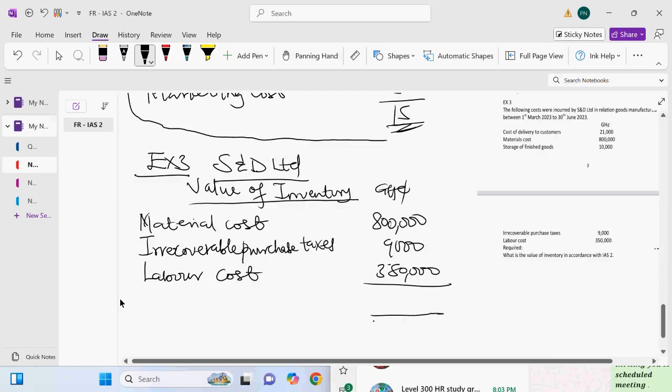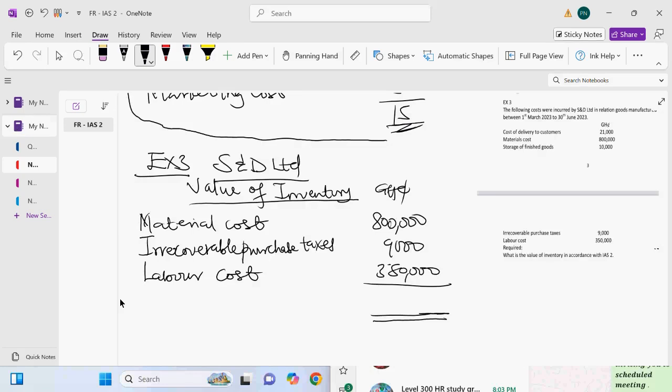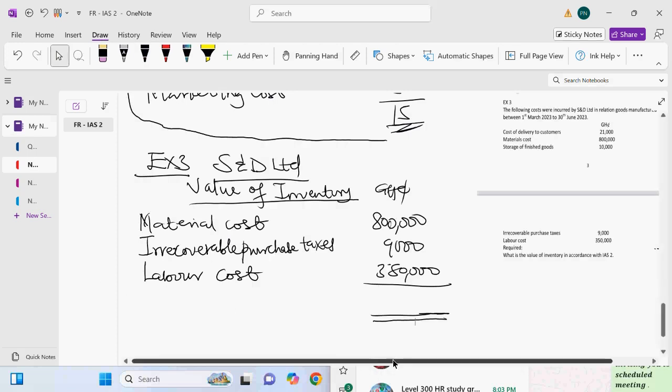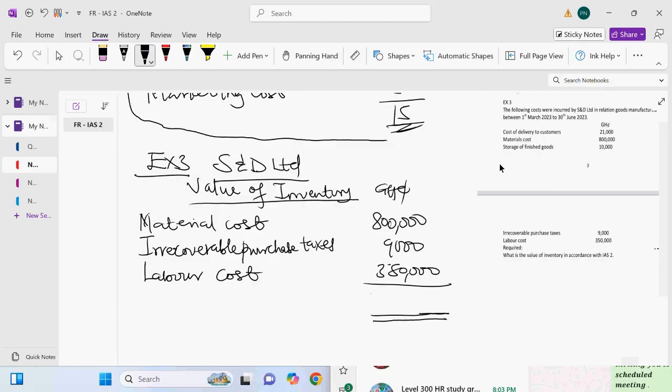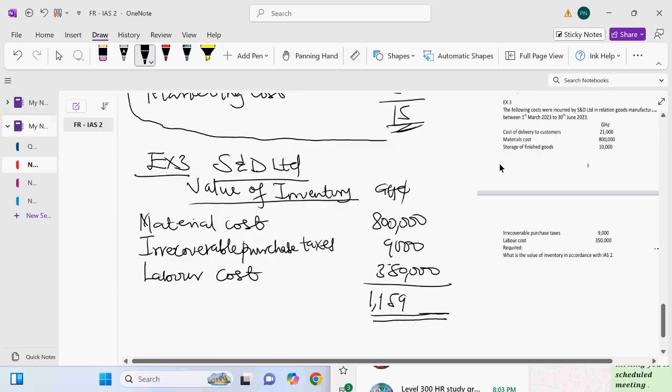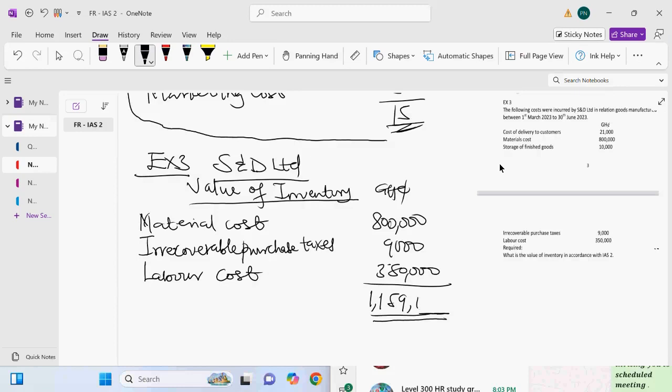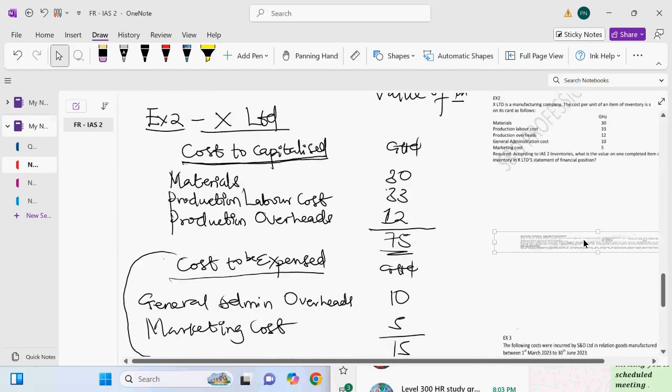So what would be the total value of the inventory? 1,059,000. So this is the cost of the inventory.